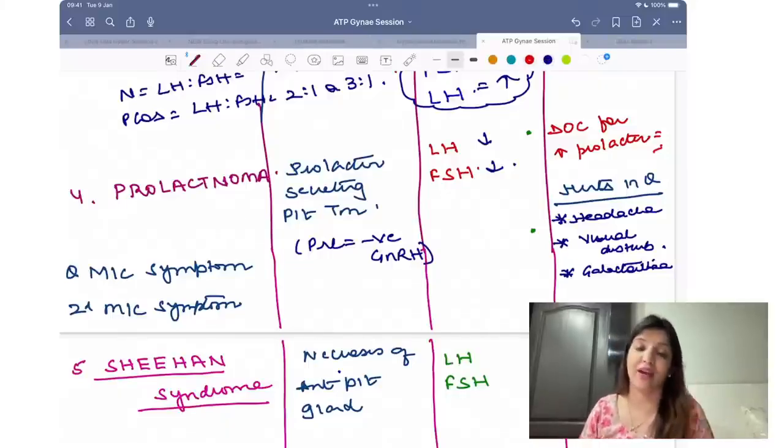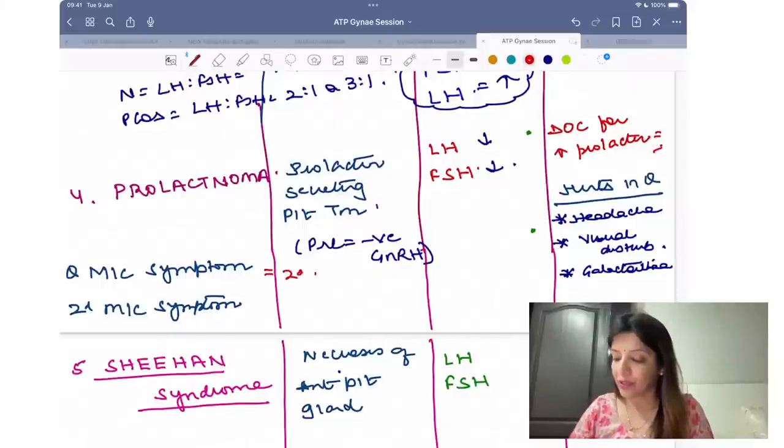Now, what is the most common symptom of prolactinoma? If this question comes, please do not say galactorrhea. Galactorrhea is not the most common symptom of prolactinoma. Most common symptom of prolactinoma is secondary amenorrhea.